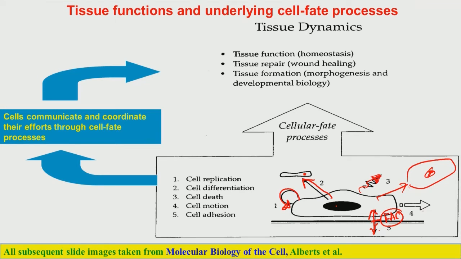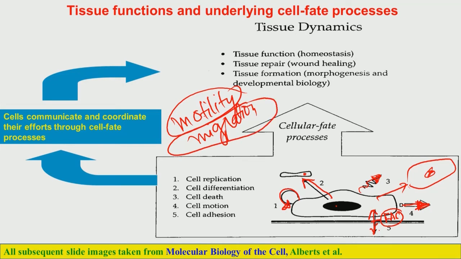Number 4 is cell motion or cell migration or cell motility. So, cell motility and cell migration are all synonymous terms. Okay. So, cell migration means like a human being walks on the ground or the road, similarly the cell also can crawl on this particular biomaterial substrate.